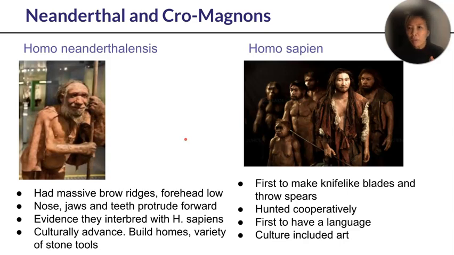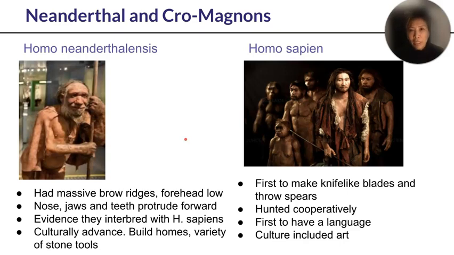And then we move on to Homo sapiens, which is the genus and the species that we're part of. With the early Homo sapiens, what we notice is that they're starting to develop a lot more advanced tools. They're able to develop knife-like blades and throw spears.